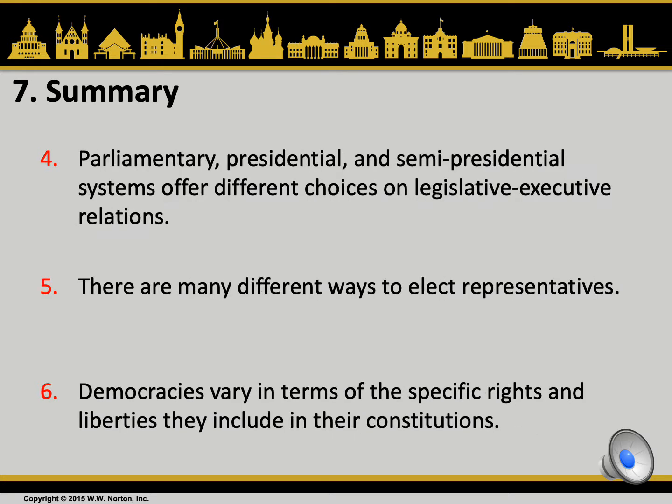Remember and keep handy the distinctions between parliamentary, presidential, and semi-presidential, also known as hybrid systems, and how they offer different choices on legislative executive relations. Those are the three basic organizations of a democracy. There are many different ways to elect representatives, as we discussed. Basically, two major ways: the plurality or first past the post system and the proportional representation system.